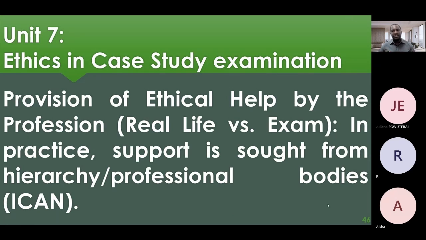Now, the provision of ethical help by the profession. In real life, as I've spoken about, you can get support from our ICAN bodies, our district, and the body, where you have issues.